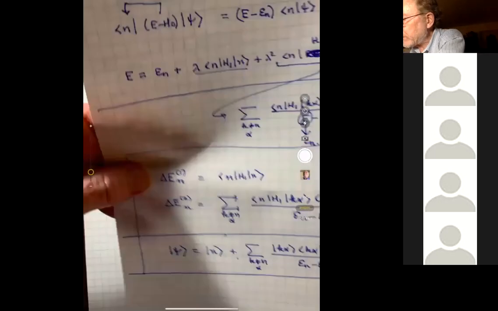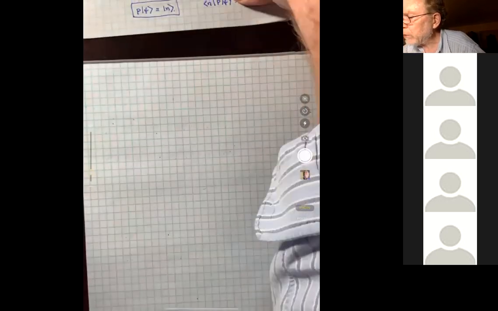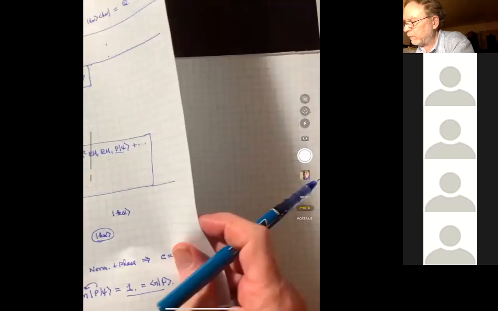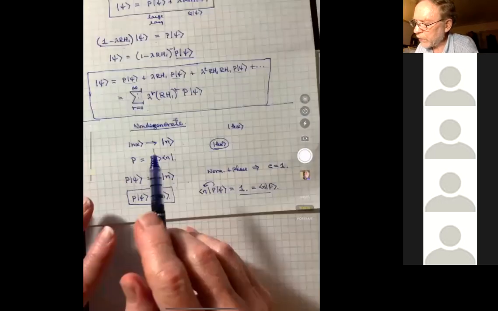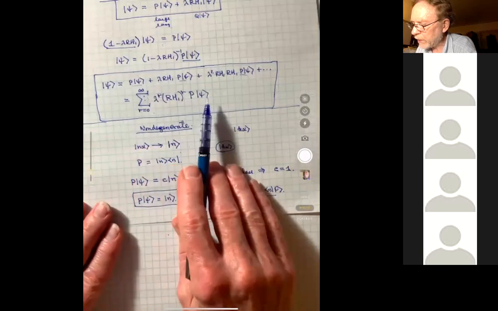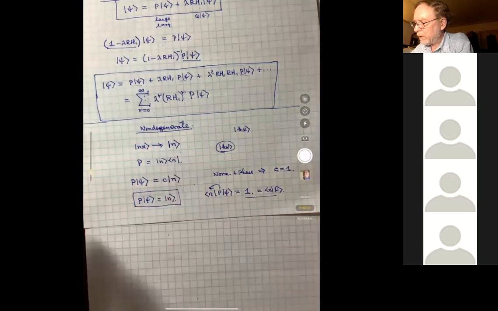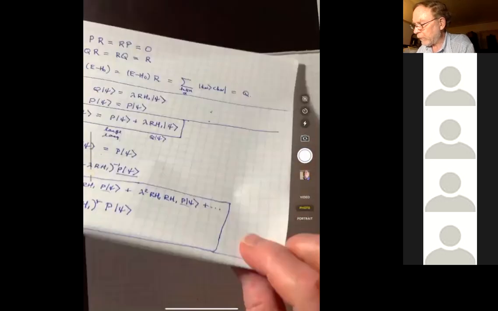For degenerate perturbation theory, we go back, if I can find it here, to this. This is the central series that we use in all versions of perturbation theory. Here's where I drew the line and started working in the non-degenerate case. So since we're done with that, let me fold it out of the way.